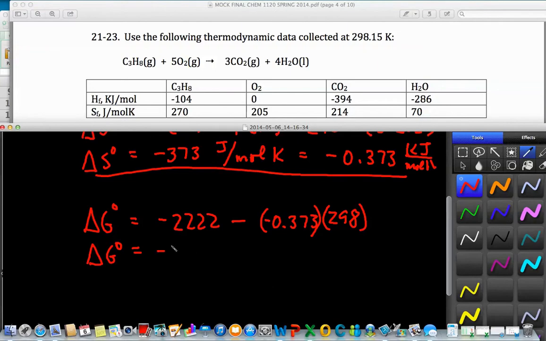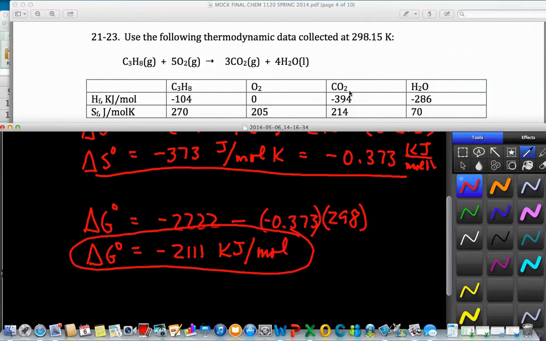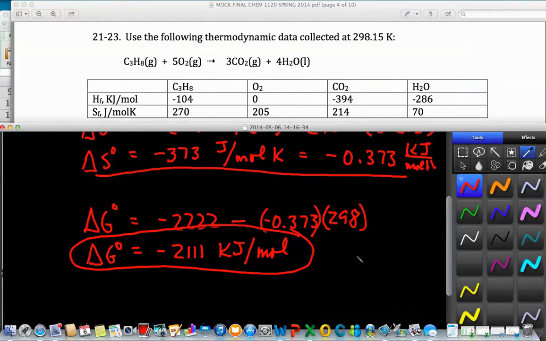And my final answer is minus 2111 kJ per mole. A lot of work to do for one problem, but it's all good at the end of the day. That's going to be answer choice B. So for number 21, the best answer is B.